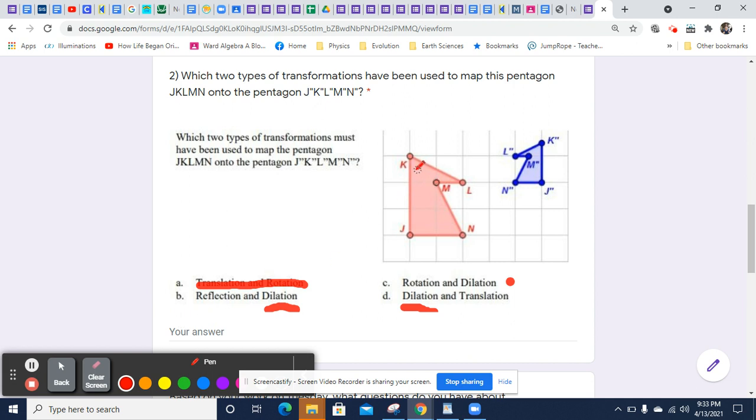So if this were reflected across maybe this line right here, that axis, N would have been here, L would be here, K would be here, and J would be here.